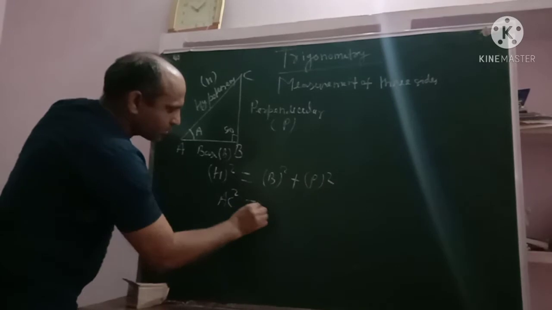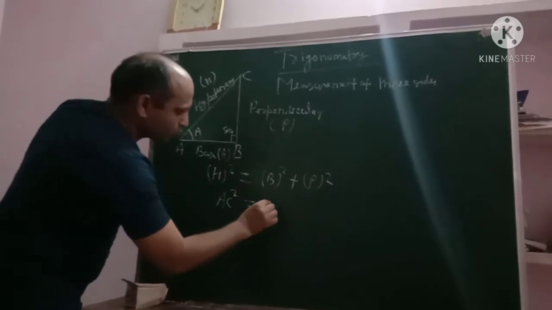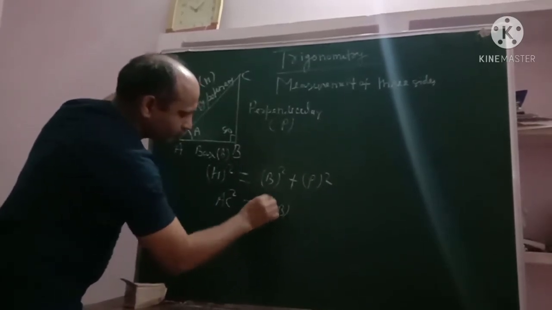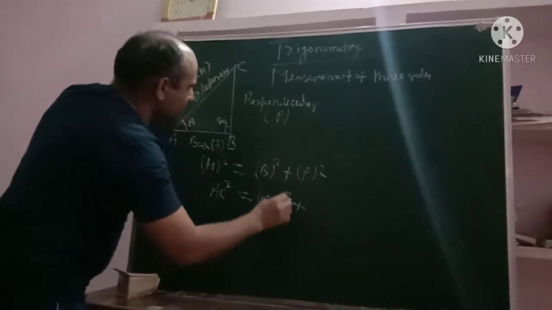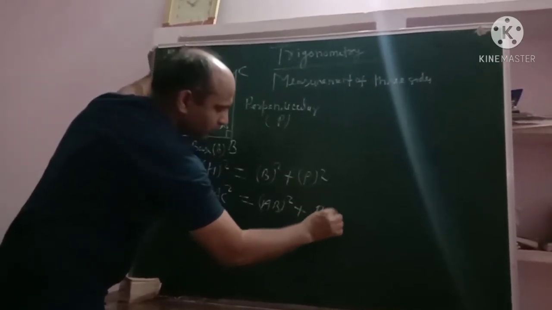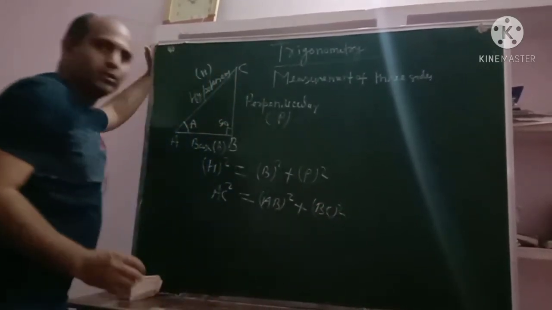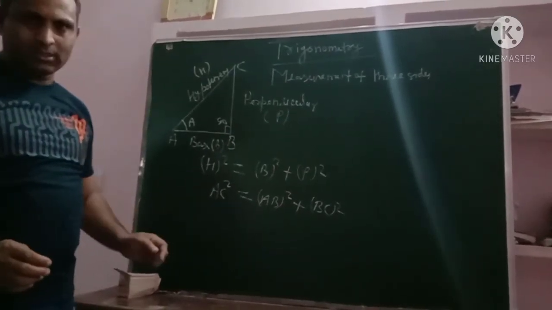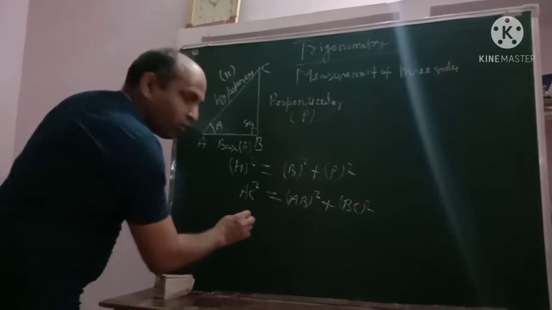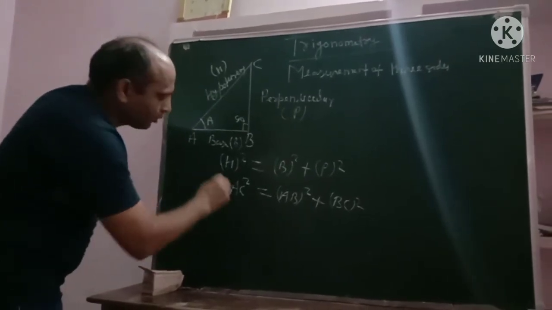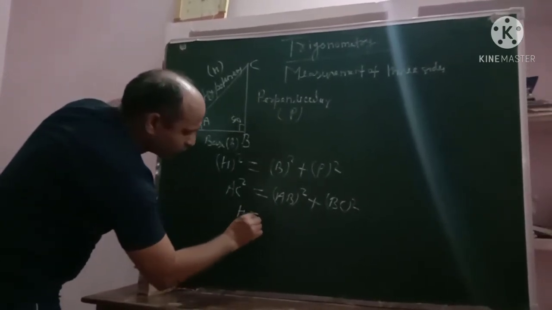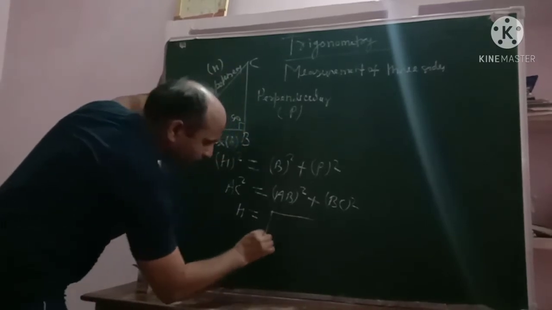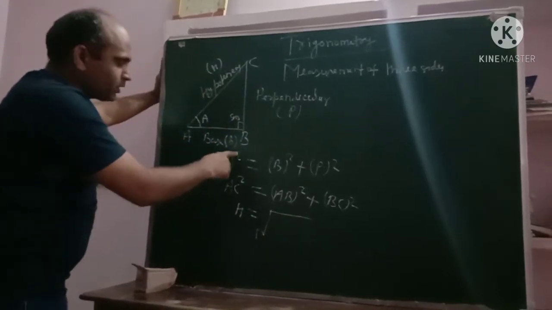AC square is equal to AB square plus BC square. But here we find the square of the sides. So for calculating the hypotenuse, H is equal to the square root of base square plus perpendicular square, because we remove the square from here.